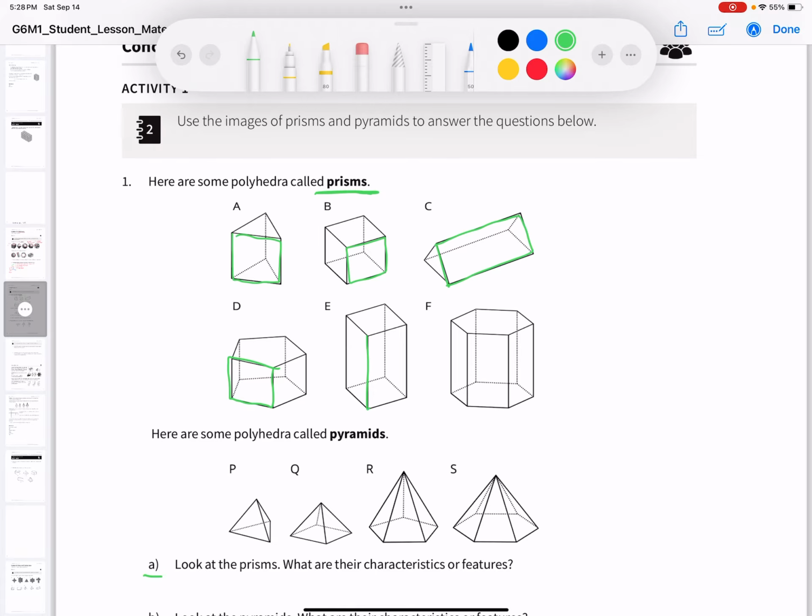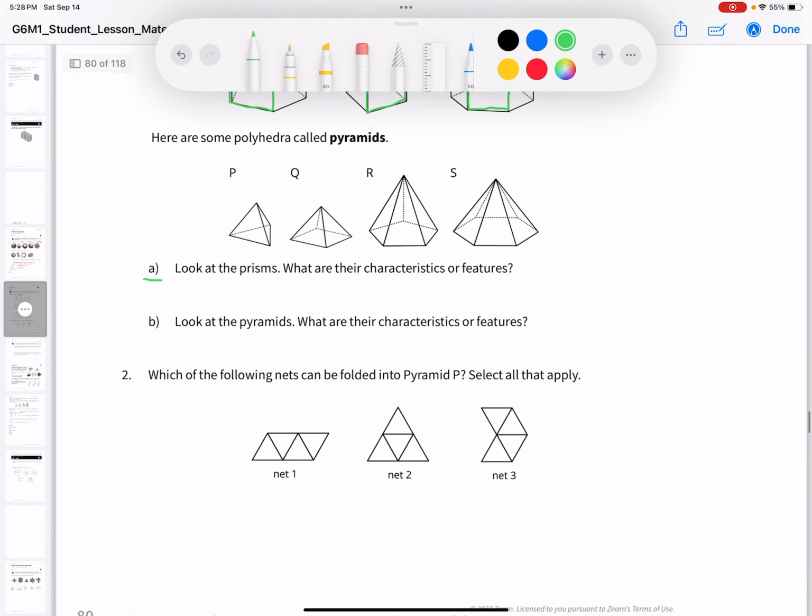Do you see that? Each one has a rectangle as a face. So they have rectangular faces.